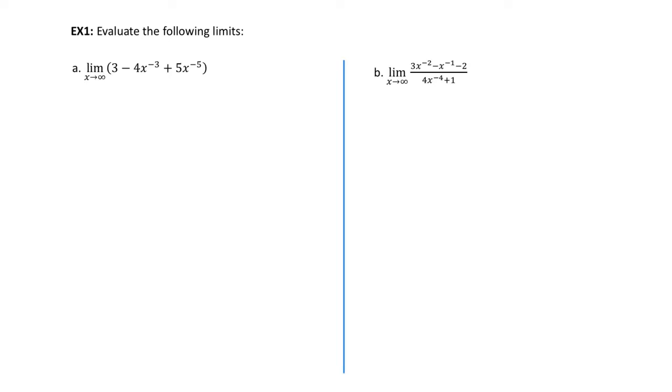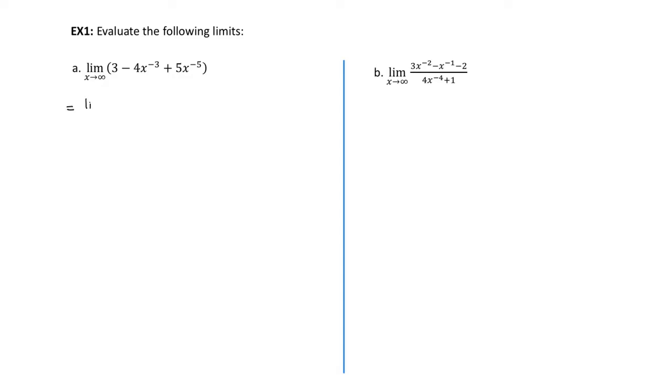This is an addition and subtraction of power functions. And I am going to use my limit laws. Because I have addition and subtraction, my limit laws say that if the limits of the individual terms exist, I can apply the limit to each term individually. So I will take advantage of that and do exactly that.